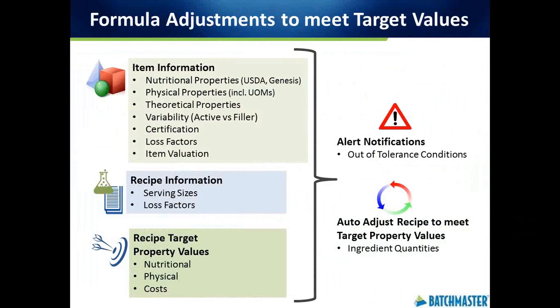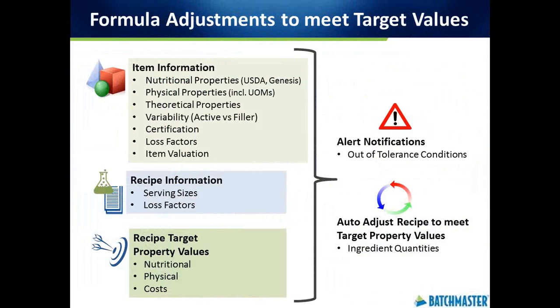Then from a recipe standpoint, there are serving sizes and loss factors that will need to adjust the recipe ingredient quantities as well. And then, of course, the recipe target property values in terms of nutritional, physical, and cost. The point is that when your product development team creates these recipes, the system will alert you to out-of-tolerance conditions and will auto-adjust the recipe to meet your target property values.